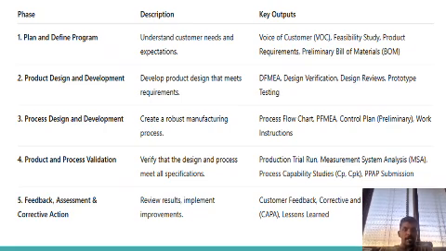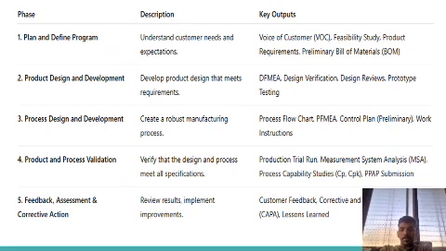Plan and define program. Understand customer needs and expectations. Before going to the market, before designing any product, we have to plan and understand customer needs. We have to ask customers, not only one customer. We have to go through the maximum number of customers to learn what the market needs and how we can make our products meet the market's expectations.